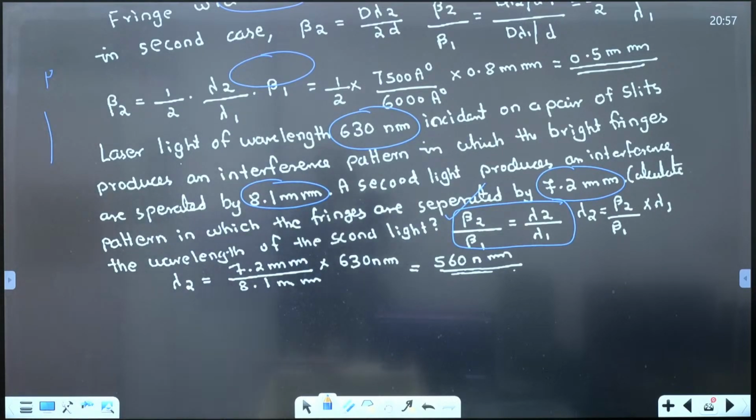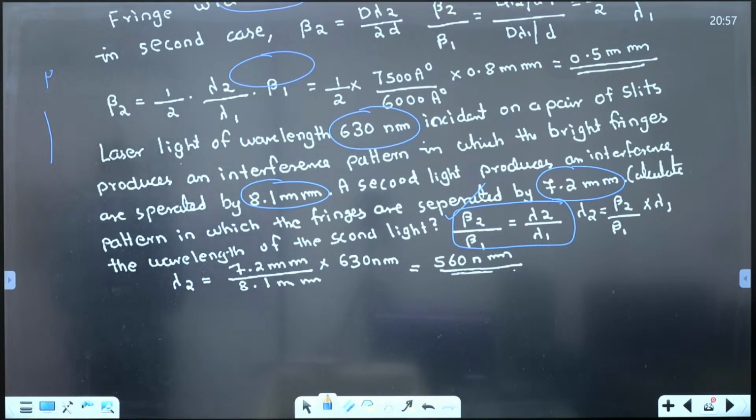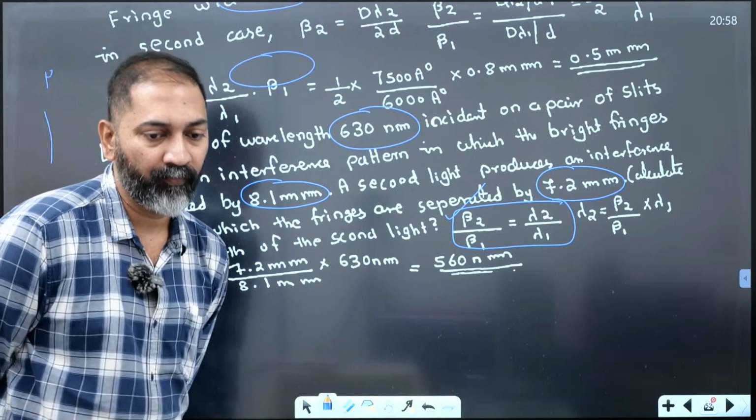So beta 2 by beta 1 is equal to lambda 2 by lambda 1. Any doubt?